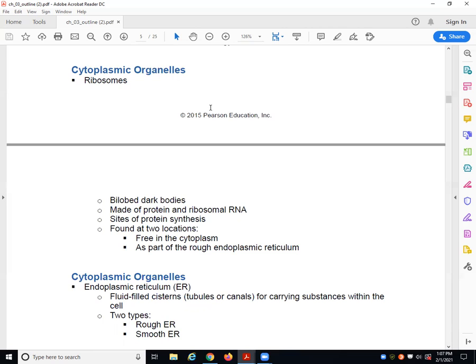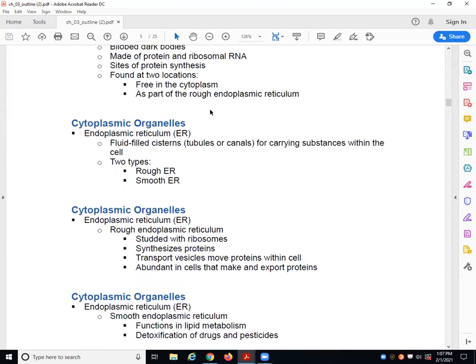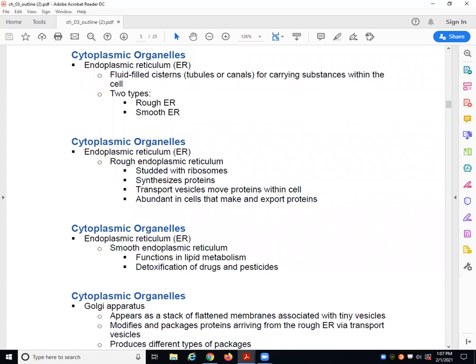All right, and that is a good segue to our next organelle, the endoplasmic reticulum. So the rough endoplasmic reticulum has ribosomes on it, and because it has ribosomes, its role is to make protein. Also, there are transport vesicles, and we'll learn more about those, but they're basically little spheres or bubbles.